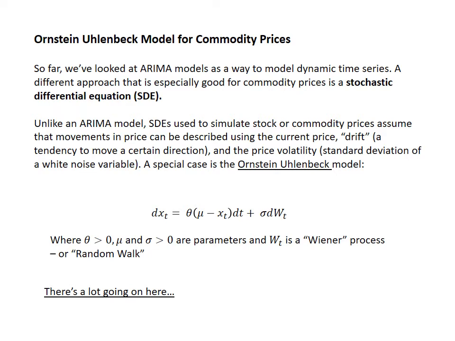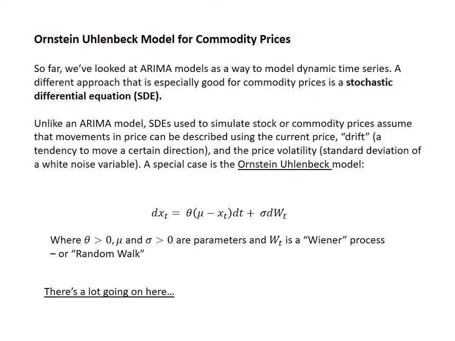And here we're saying if we're trying to model the price of electricity, which is xt here, that the period to period change in the price, the first derivative of the price xt here, is equal to a combination of a bunch of different stuff.